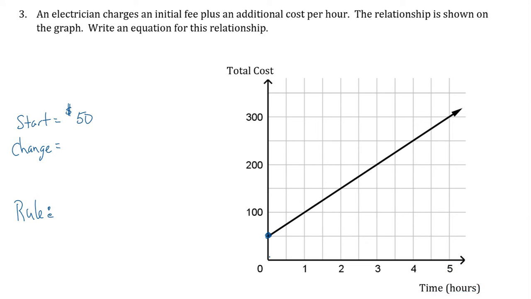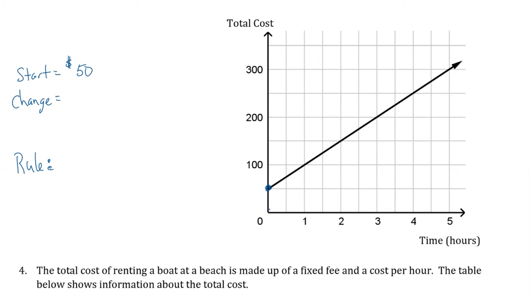Now, hours, I'm going to find the change. So look at this. I'm going over 2 squares, but 2 squares only takes me to 1 hour. Right? That's 1 hour. So in 1 hour, I went from 50 to 100, which is up 50.